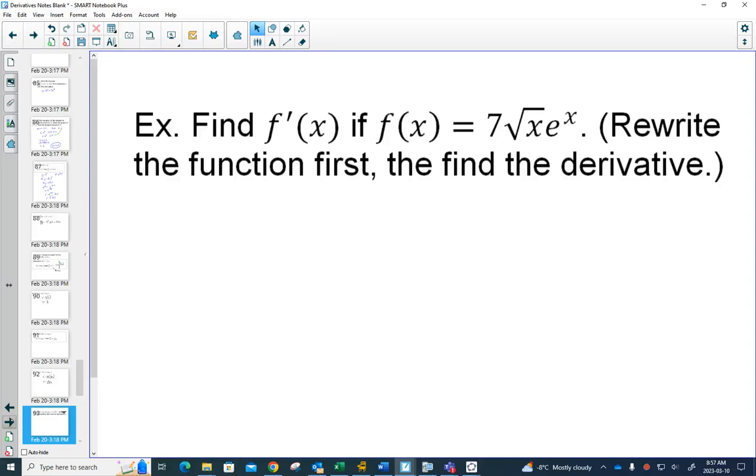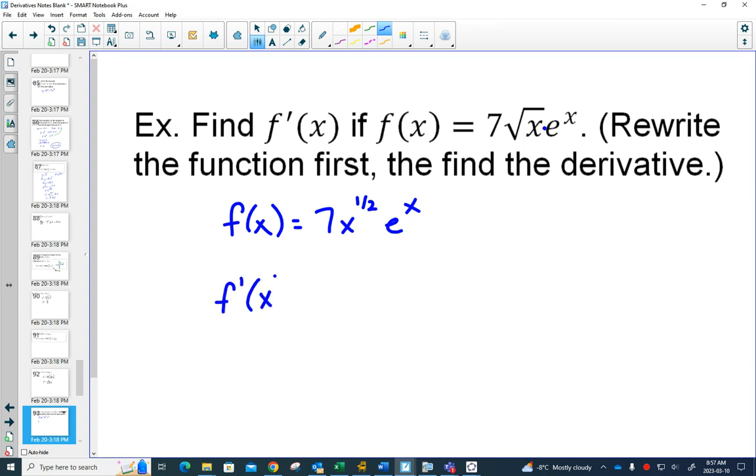So here we have f of x. We have multiplication, and in between that multiplication, there are things that both have a derivative, so we have to use the product rule. Before I start, I change that square root to an x to the half, and then my derivative will be, keep one the same, right?